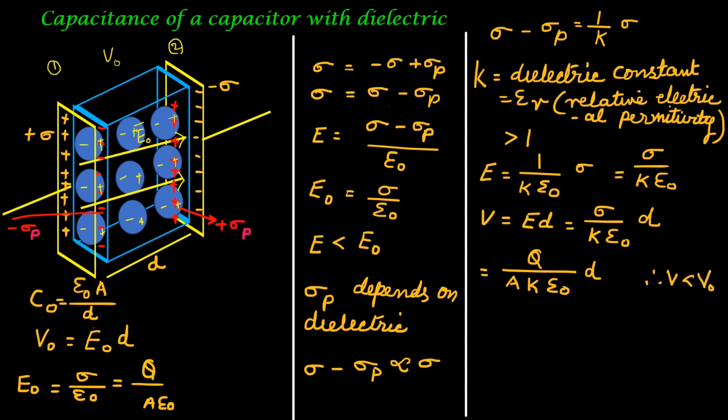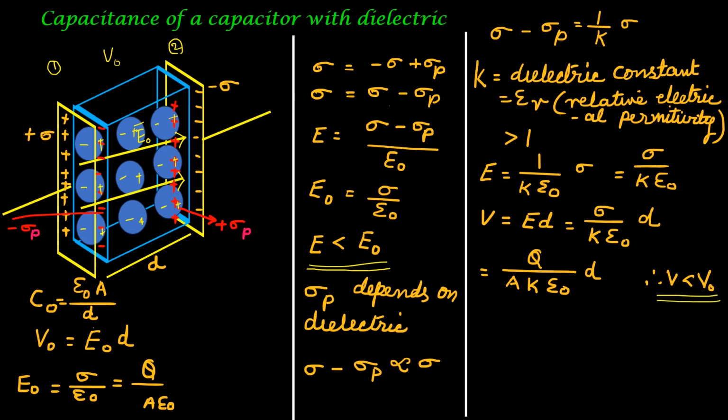We have already seen that the electric field also gets reduced when a dielectric is used. So, the potential difference also decreases with dielectric in between the plates of the parallel plate capacitor. So, when dielectric medium is used in the parallel plate capacitor, electric field as well as potential difference reduces.